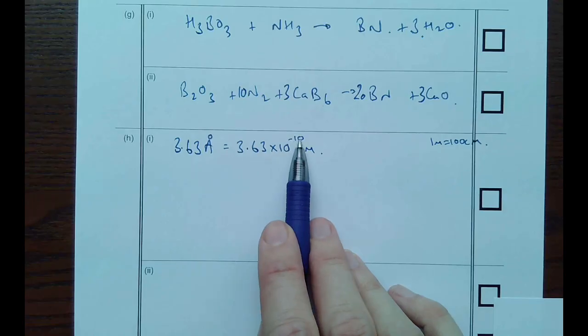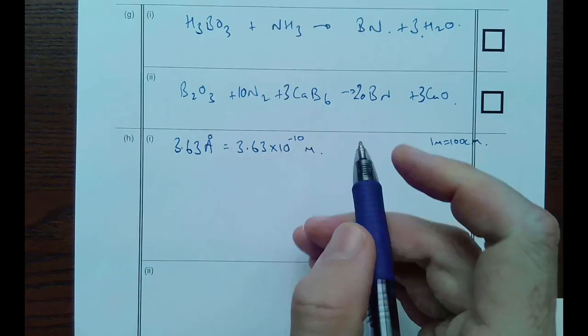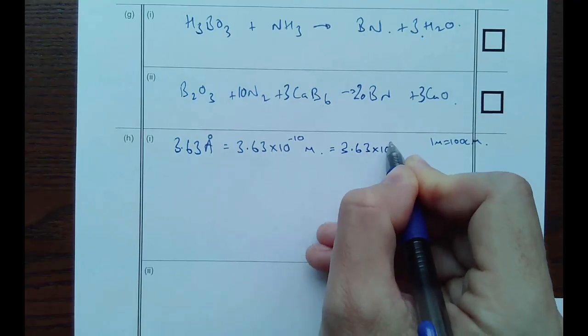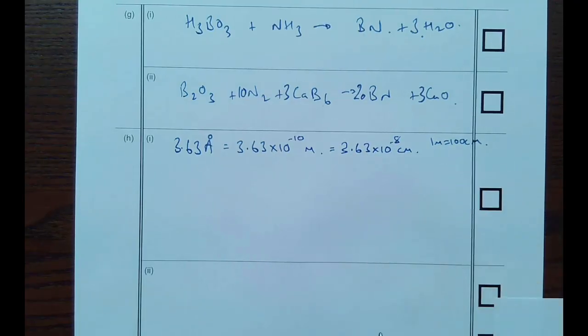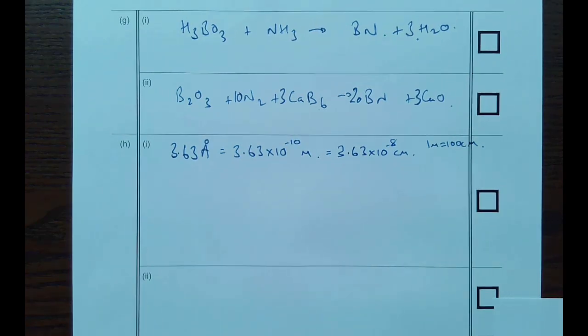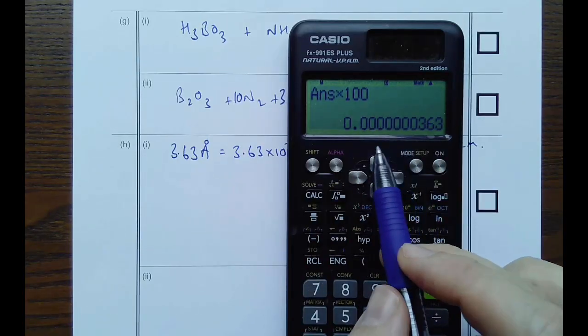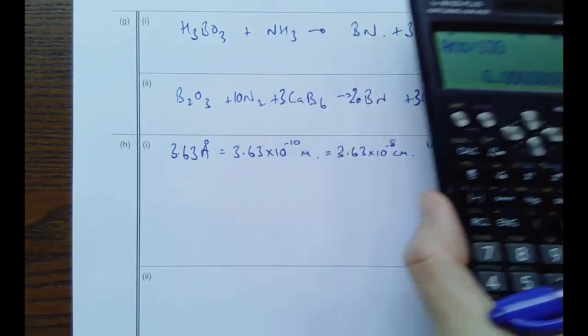But obviously, because it's minus 10, 100 times bigger, it's going to become minus 8. So this is going to be 3.63 times 10 to the minus 8 centimeters. If you're really not sure, just double check on your calculator, just really quickly.